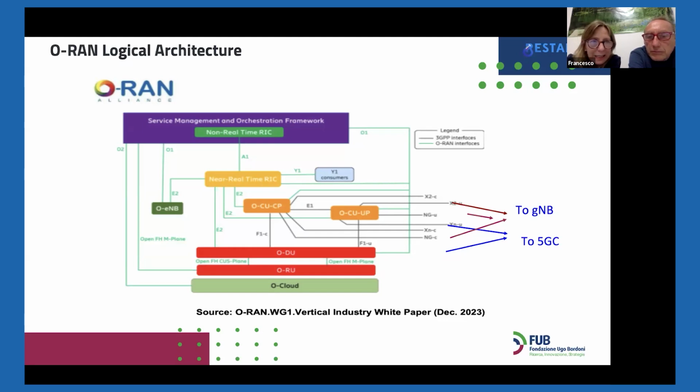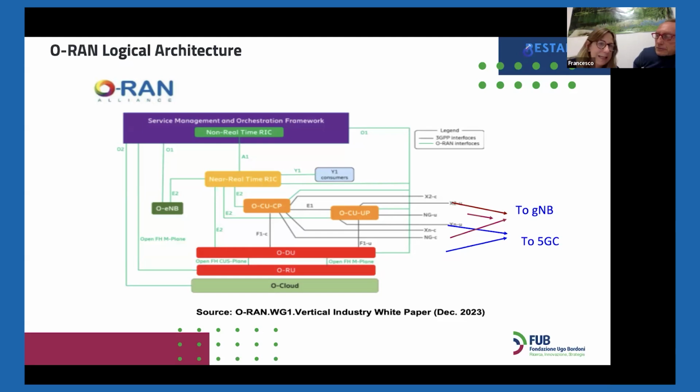Then there is the near real-time RIC that you can see in yellow in the middle, that is much faster and can perform activity with a closed loop approach. So it's really effective in providing AI intelligence.